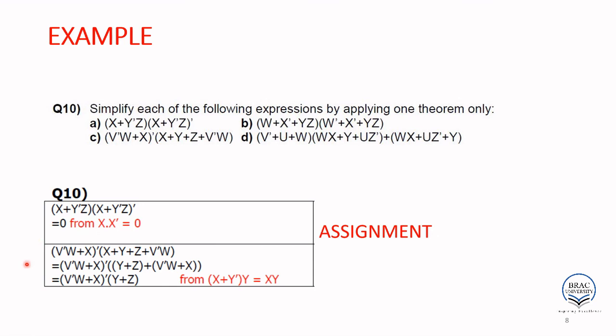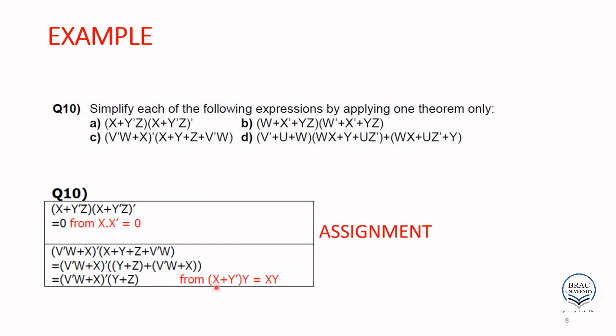Look at the second part, p. p prime w plus x whole prime into x plus y plus z plus p prime w. If you look at this one, p prime w plus x, this term also remains here. So putting the first and last together, it becomes y plus z. If you consider this one as x, p prime w plus x, and this one as y, it becomes x plus y into y, something like that.